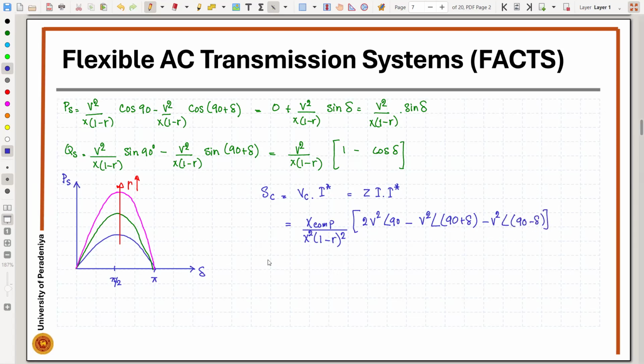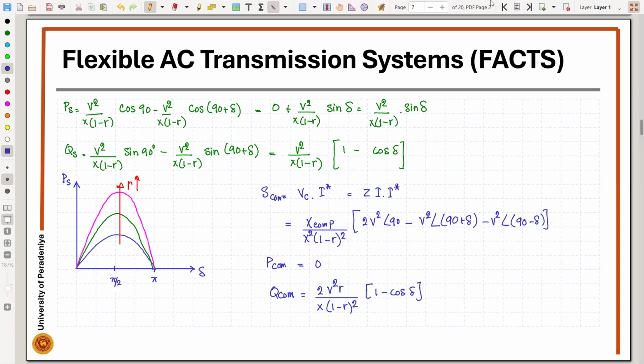From this one, you should be able to get the compensator active power, and when you solve it, you would get that as 0. The compensator reactive power will be given by 2V squared R over X times (1 minus R) squared, times (1 minus cos delta). Using this method, you should be able to calculate the reactive power provided by the compensator.